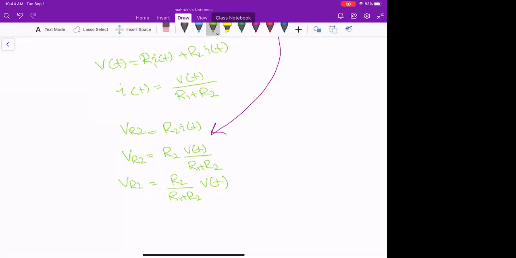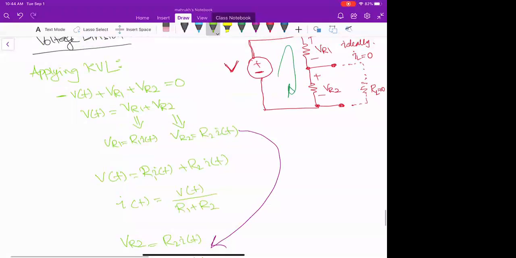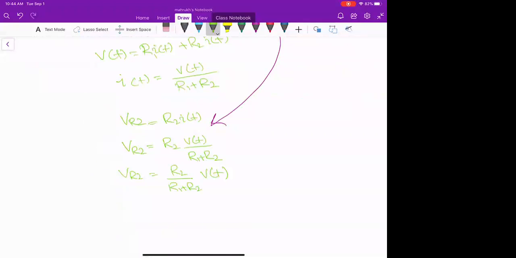So this is how VR2 is quantitatively defined, right?